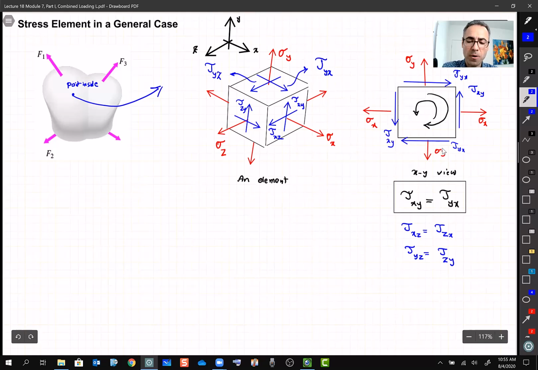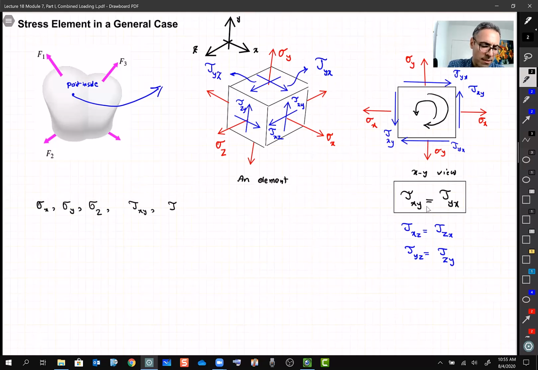All right? So now if I say on each element, what do I have? I have sigma x, I write it down here. I have sigma y, I have sigma z, and then I have tau xy. I don't need to write tau yx because tau yx is equal to tau xy. I have tau xz and tau yz.